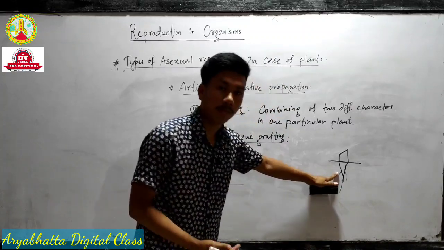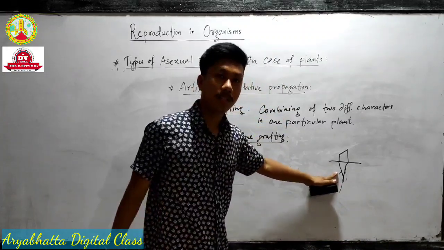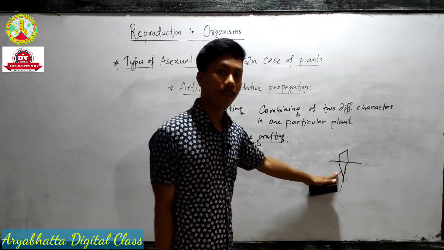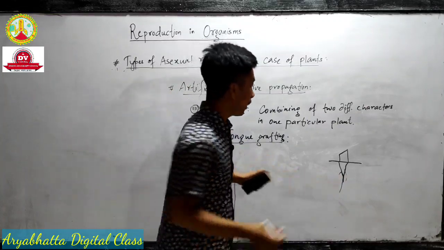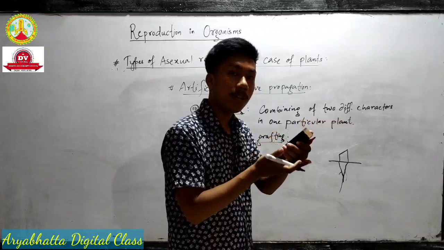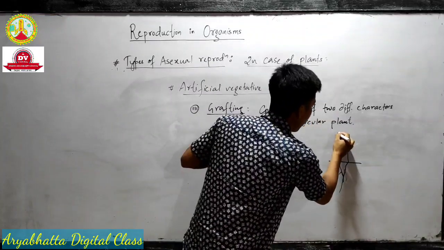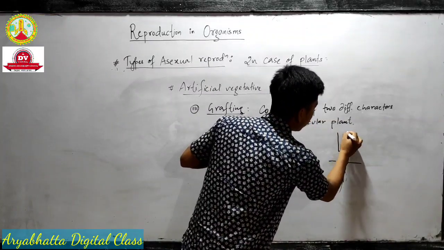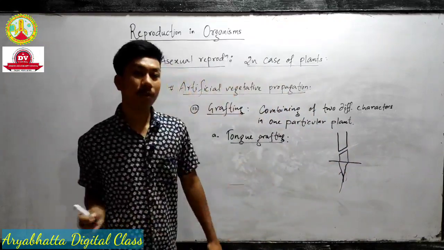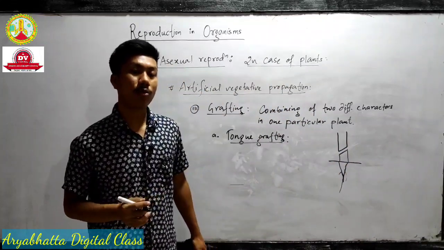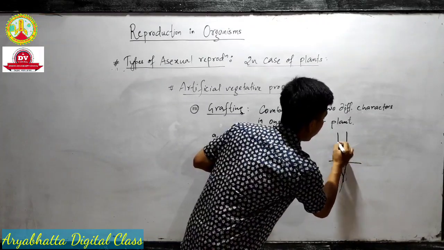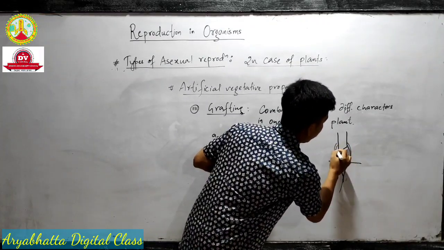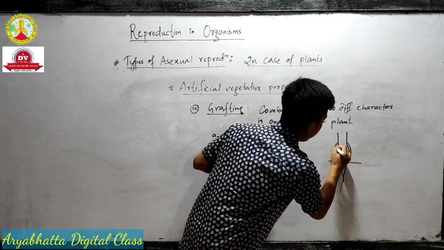Suppose this is a red color rose. Now we want to add white here and produce a hybrid plant. So we take the white color rose plant stem, cut that stem also at an angle of 45 degrees, and join it at the cut region of the shoot. We cover it with soil along with the Funaria, with the help of a plastic bag.